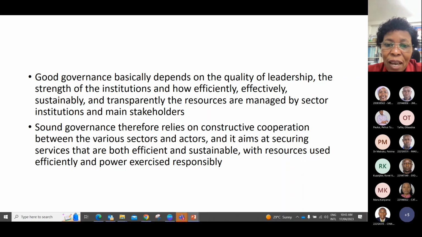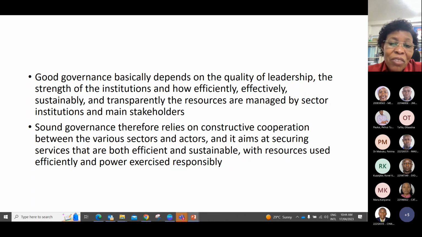Strong institutions are important for us to realize good governance in place. And these institutions, apart from being strong, they also have to be efficient. They also have to be effective and also sustainable.